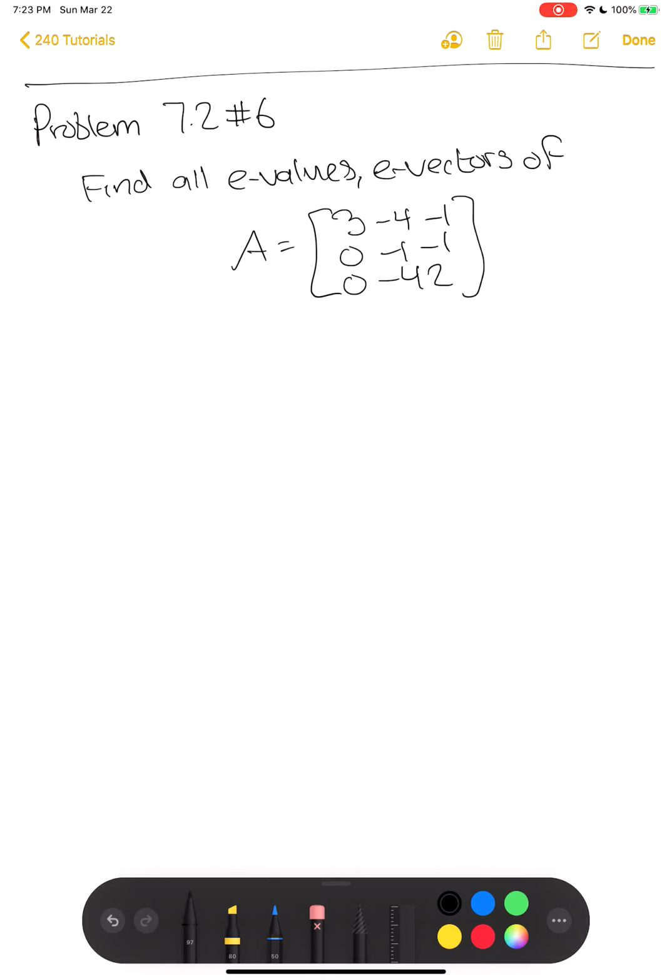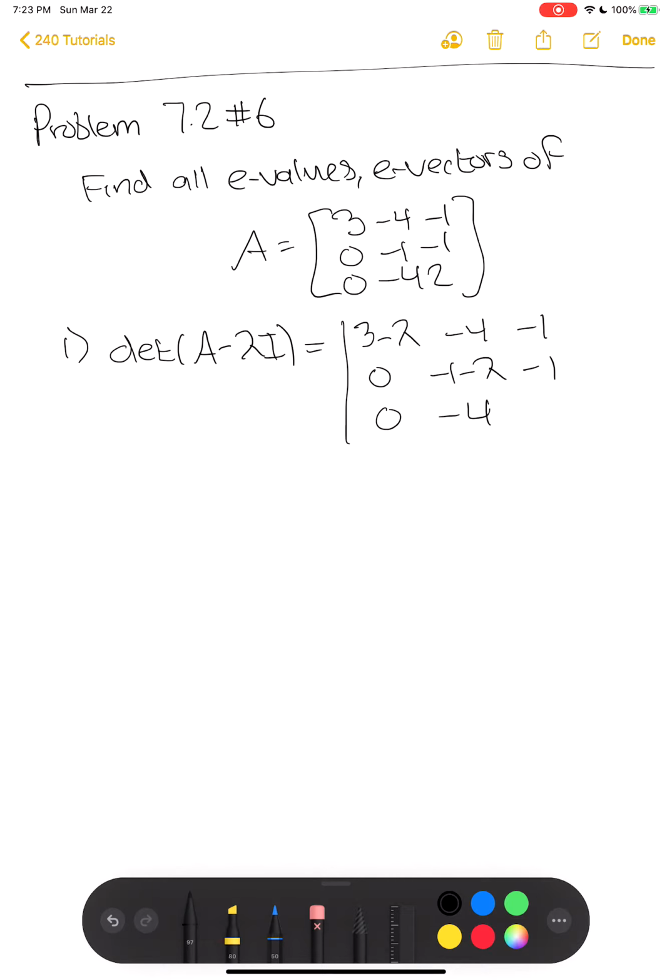And so, as we go through, if you remember from last video, we first need to find the determinant of A minus lambda I, and we need to set it equal to 0. So our determinant then is going to be 3 minus lambda, -4, -1, 0, -1 minus lambda, -1, and then 0, -4, and then 2 minus lambda. And that has to be equal to 0. So what you do is you take this determinant.